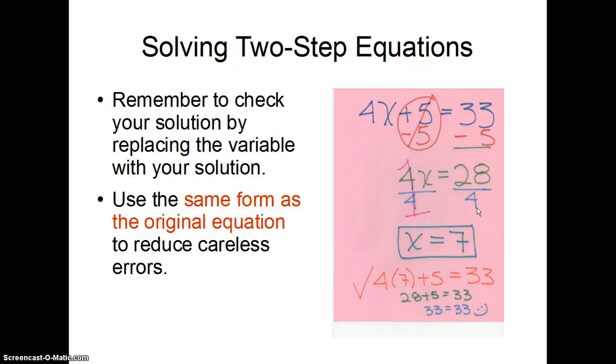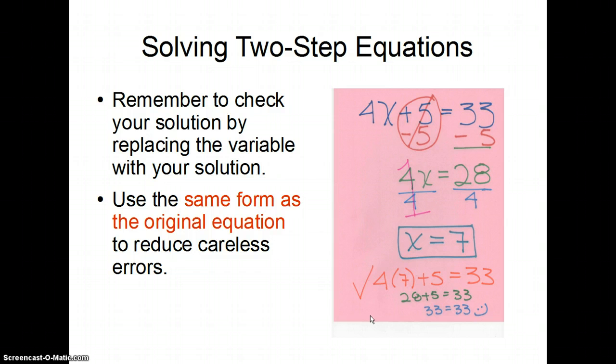Once again, we're going to check our work and replace it in the original equation, which was 4 times x, because our solution was 7, and then we're going to add 5 equals 33. So 28 plus 5 is 33, and 33 is 33.